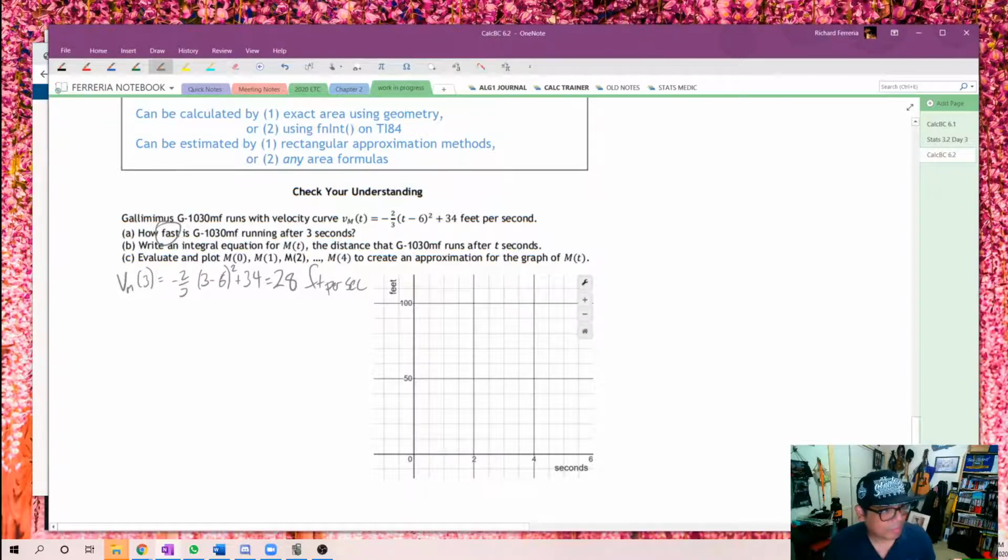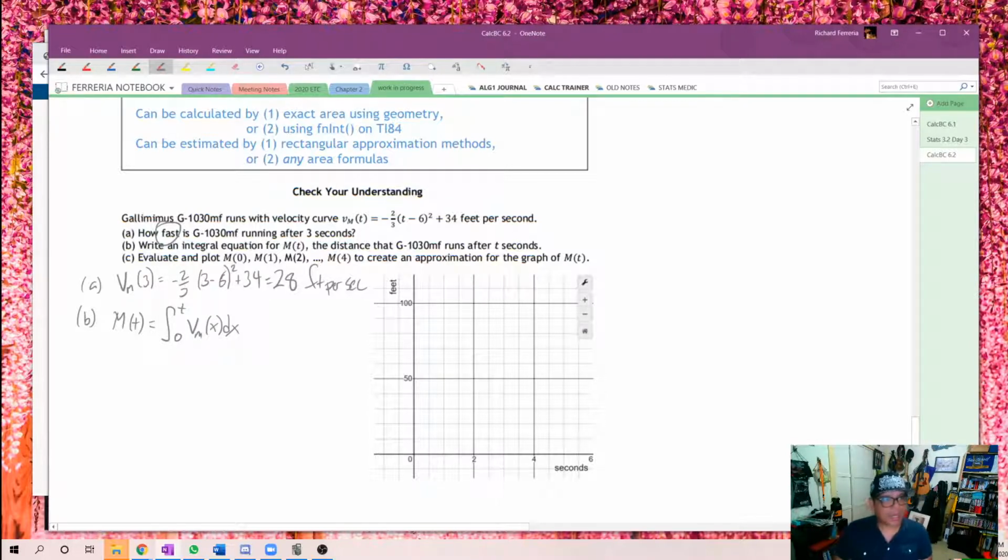Part B. Write the integral expression for m of t, the distance that G1030MF runs after 10 seconds. So this is going to be the integral from 0 to t of Vm, change that to an x, dx.